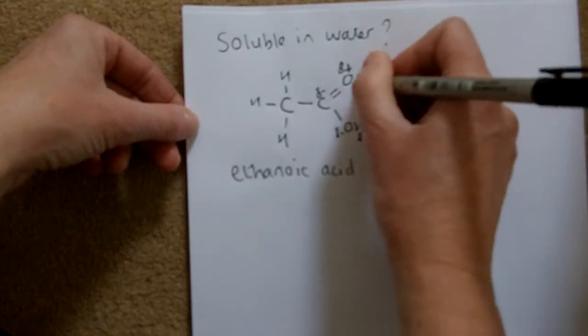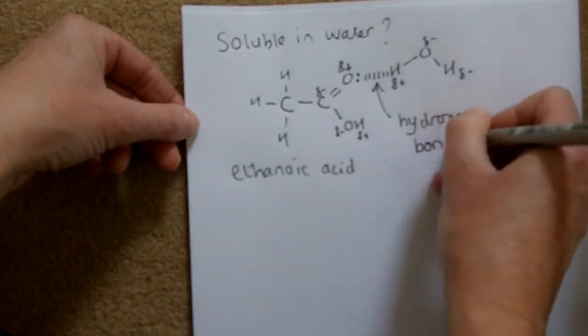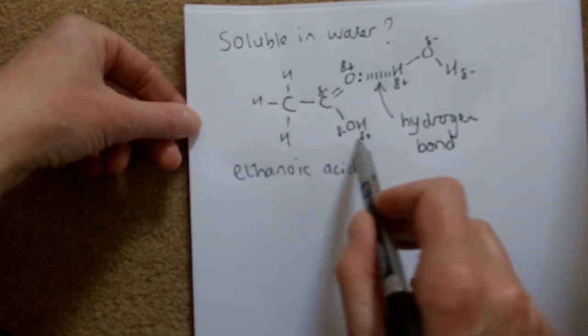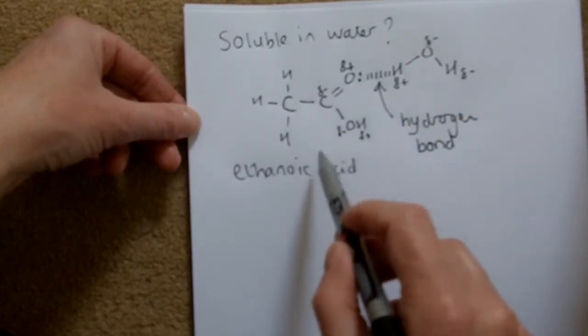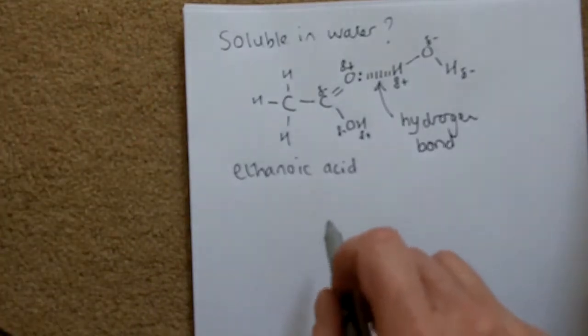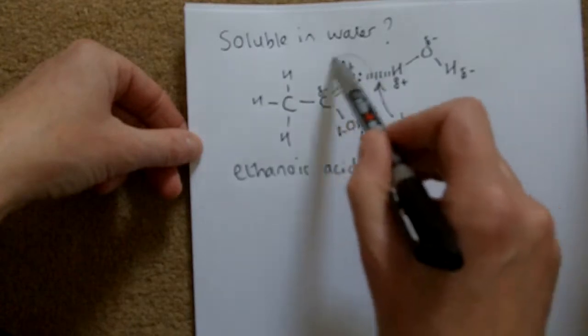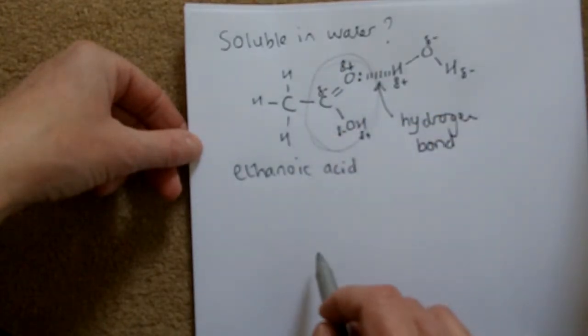Remember, the hydrogen bond has to start at a lone pair. The hydrogen bond can also happen off the OH as well. So yes, they are soluble in water because of the polar carboxylic acid.